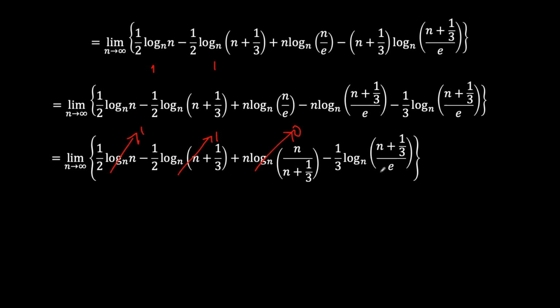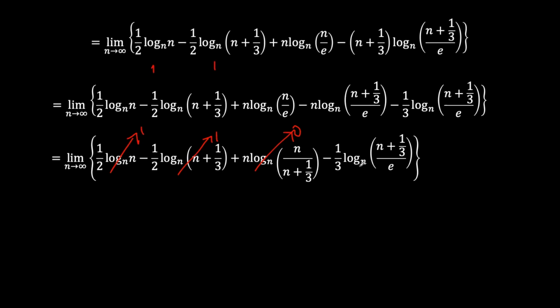And here, this is interesting because, again, we could separate it out so that we have log to the base n of n plus 1 over 3 minus log to the base n of e, so that since this is a small constant relative to n, when n tends to infinity, that part goes to 0, and this part goes n, same base, and also same number.